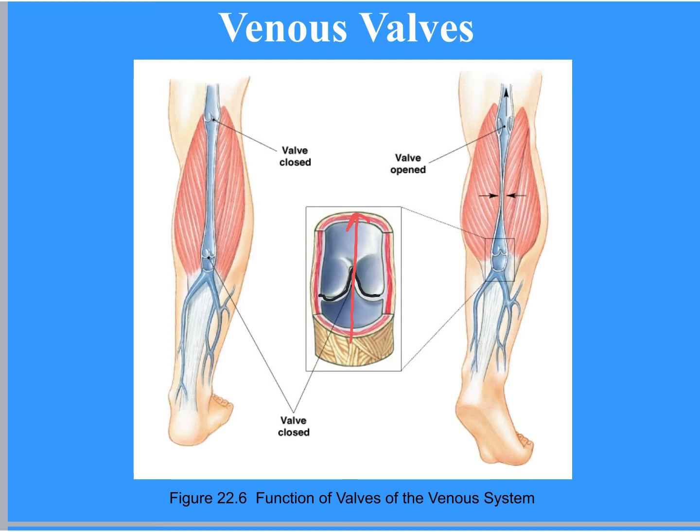And once that blood moves through the valve, the flaps of the valve here close back up. And so that prevents blood from flowing back to where it came from. So you'll find these one-way valves in large veins and medium-sized veins.